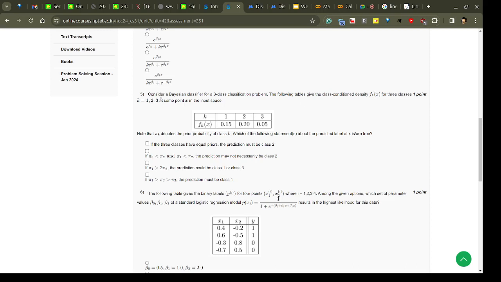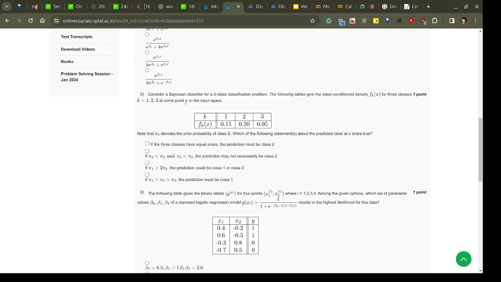Sir, for that 3-class classification, they mention k equal to 1 to 3, right? Yes. Okay, so this is kind of level 1, 2, 3. Can you explain this question properly, with some derivation? Not the answer, but just for justification. So this gives the class conditional density of 3 classes, k equal to 1 to 3 at point x.